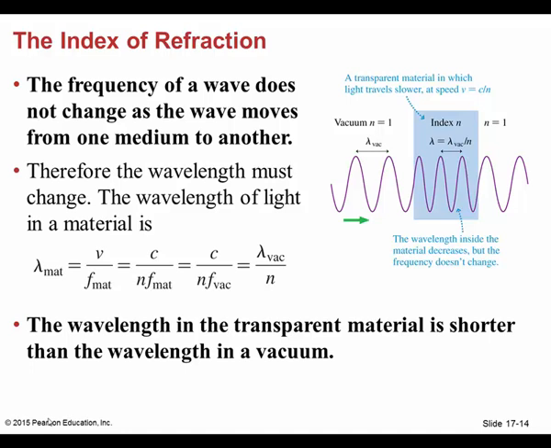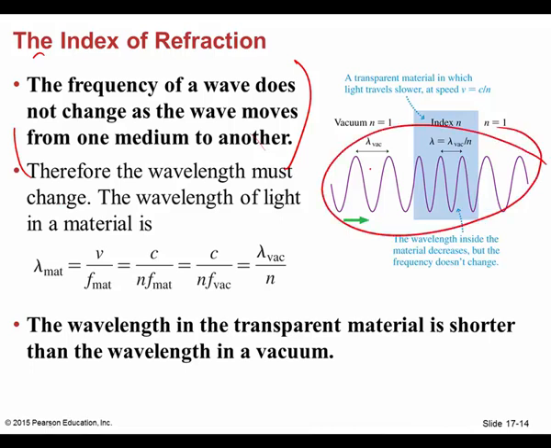Now, one thing we need to understand is that when light travels into another medium from one to the next, the frequency, you better remember this, does not change. It does not change. Then how does it slow down? Because the wavelength is what is changing. The time interval is not changing.